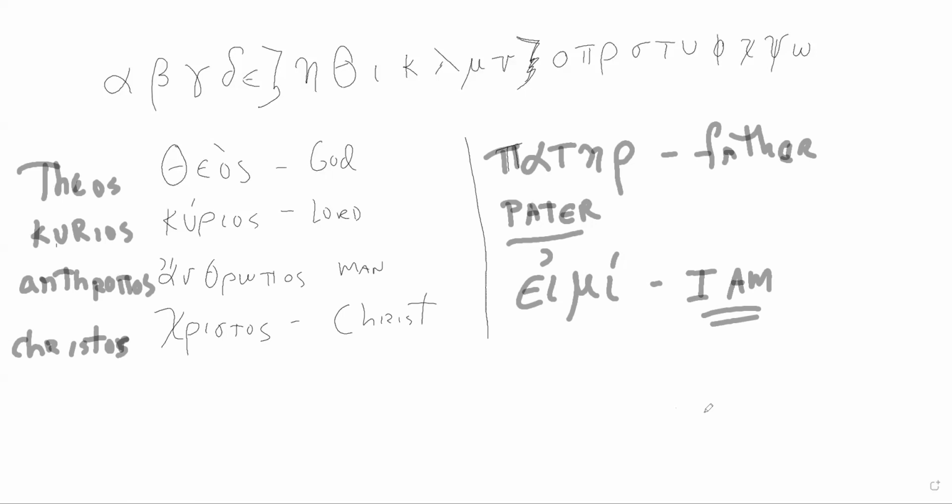Here's another verb. This one is Lego, like the little children's toy. Lego is lambda, epsilon, gamma, omega, pronounced Lego with the accent on the first syllable.